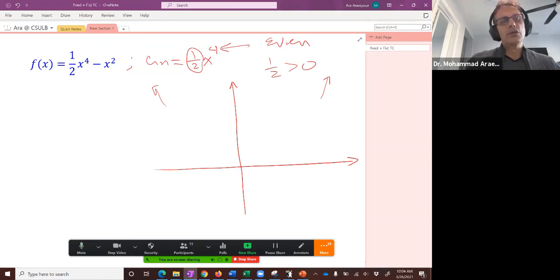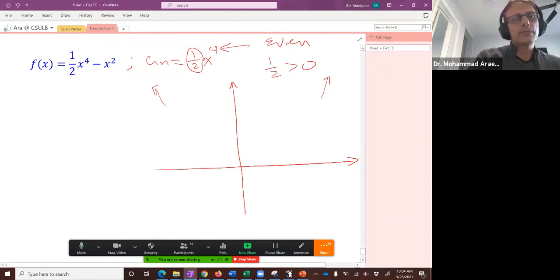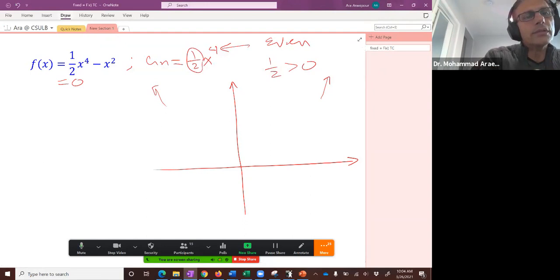Remember, you set y equal to 0 or f of x equal to 0 to find the x-intercept. So when we do that, if I factor out 1/2 x squared, I get x squared minus 2.